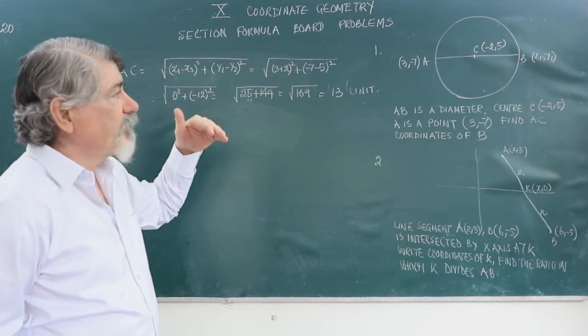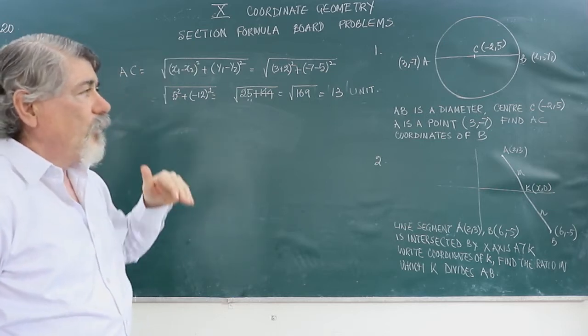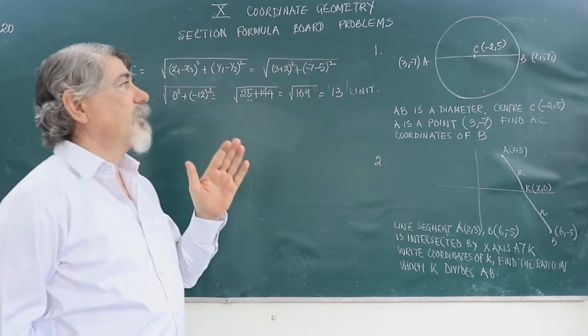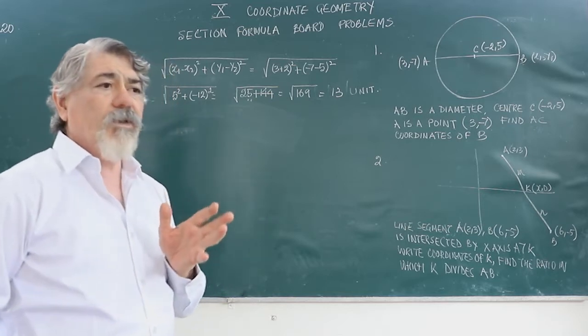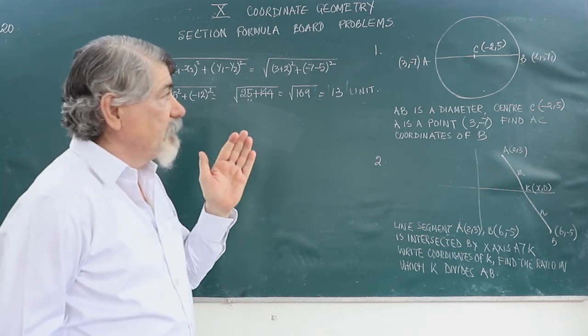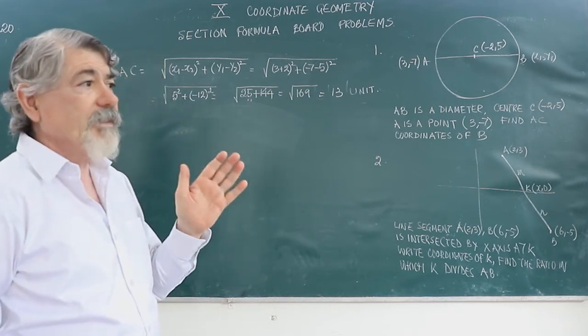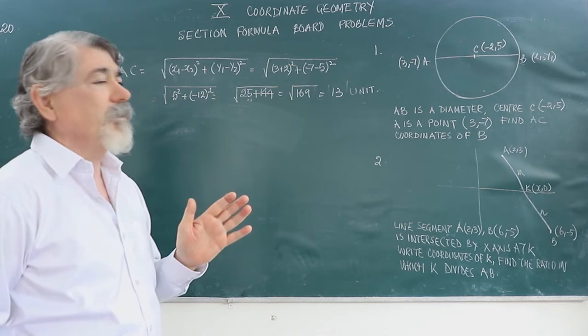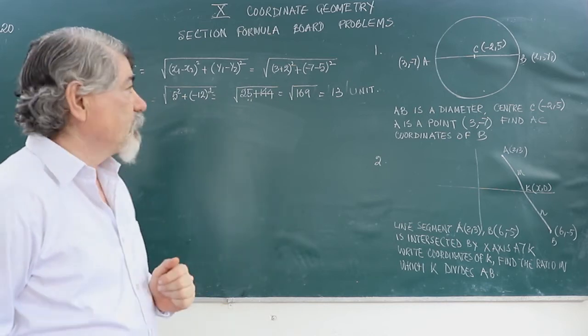If you move away from the center, either upward, downward or sideways, the length of the chord will keep decreasing. But when you move towards the center, the length keeps increasing, and when it passes through the center, the chord will be the biggest chord.